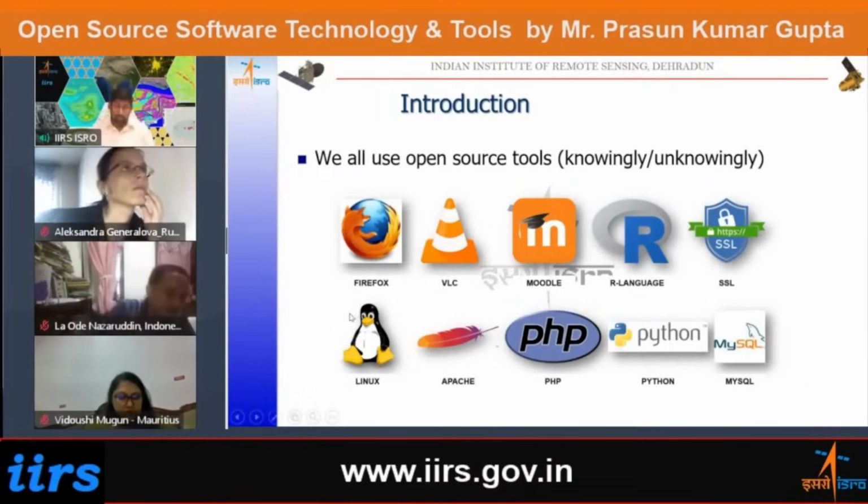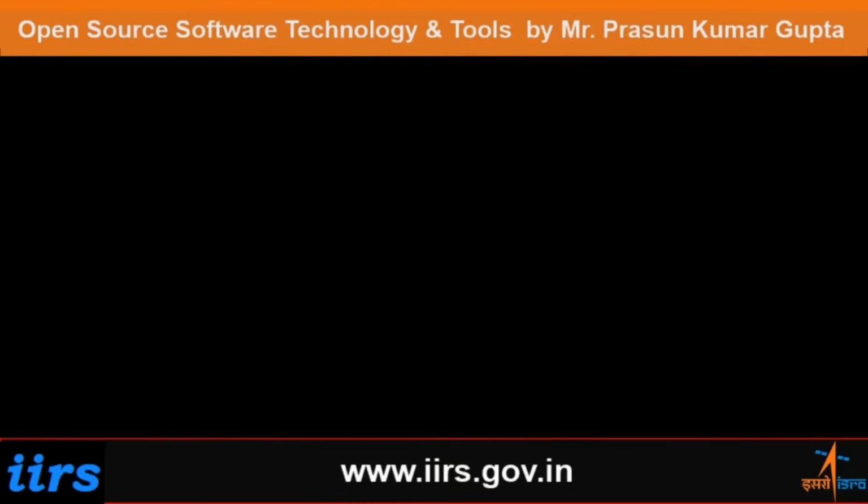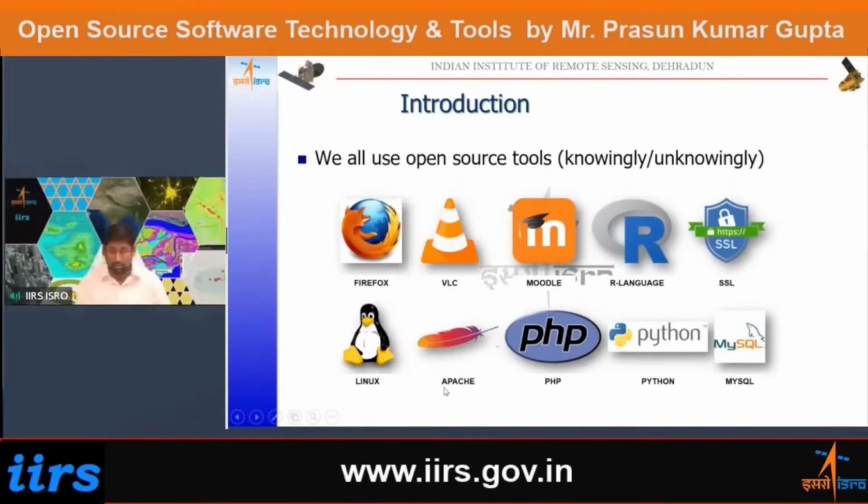There are different types of operating systems. There are different flavors of Linux, like Ubuntu and Red Hat and so on, which are open source. Over 90% of the websites around the world are hosted on a web server called Apache, which is open source.